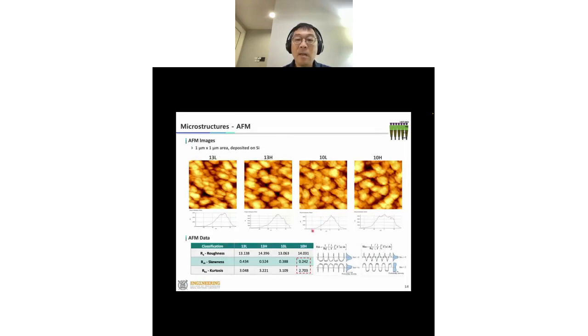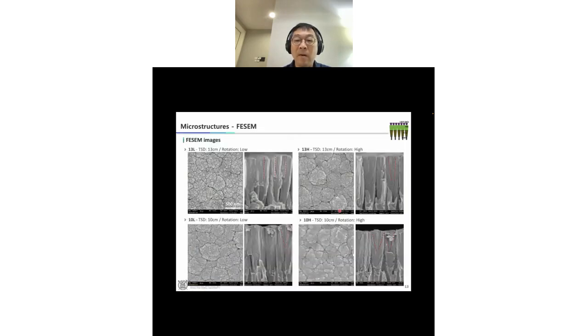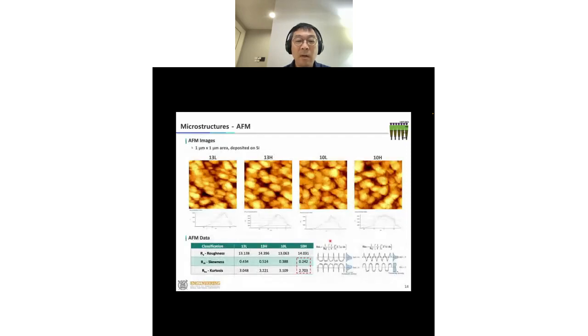As you can see, a better, dense film actually generates a smoother surface. So we can guess that this AFM data confirms our visual investigation by SEM.